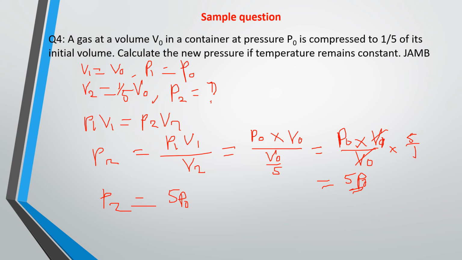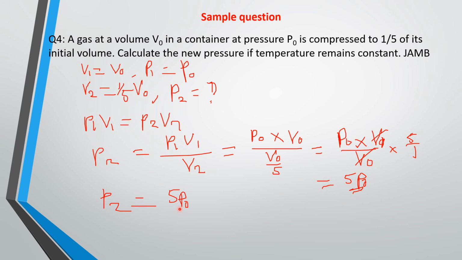Right, so what this simply means is that if you compress a gas to 1/5 of its initial volume, the pressure will increase 5 times its initial pressure. Is that okay?